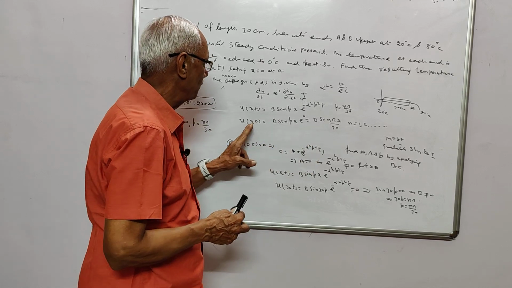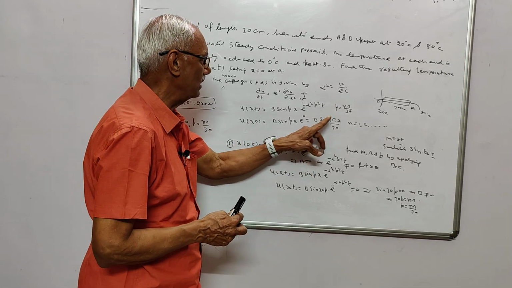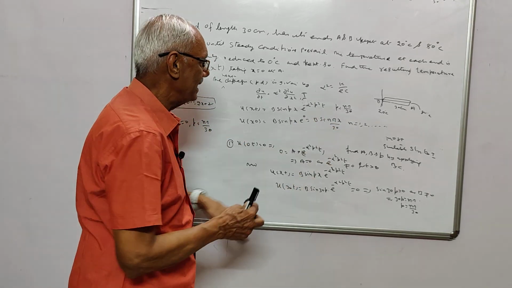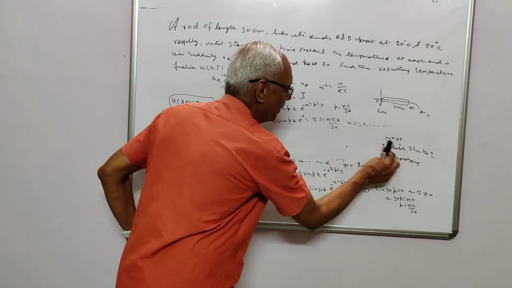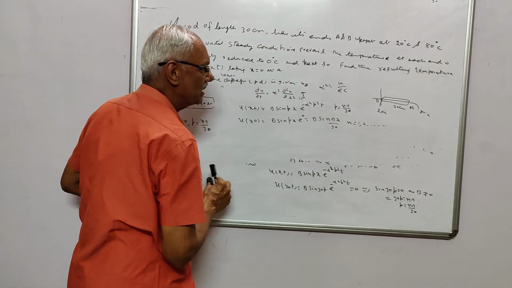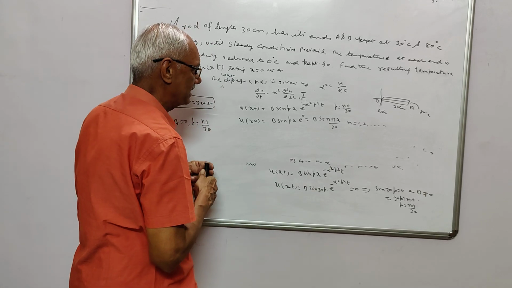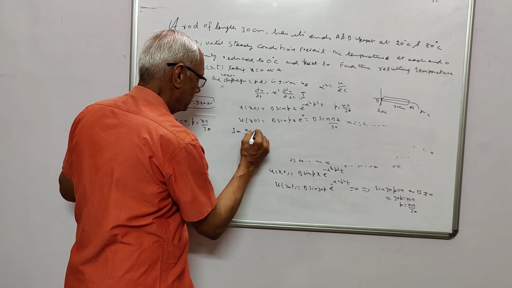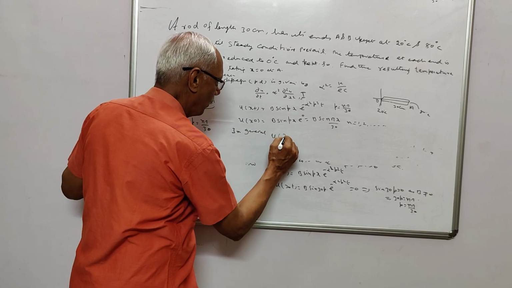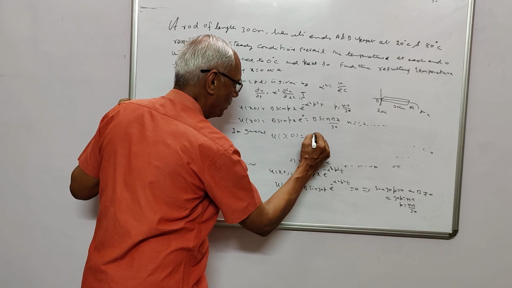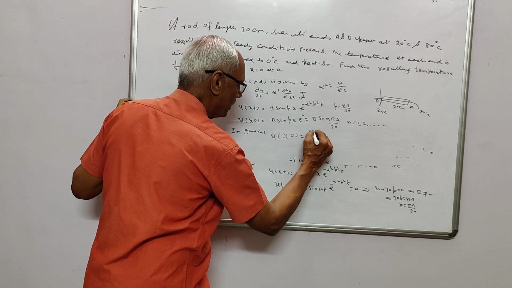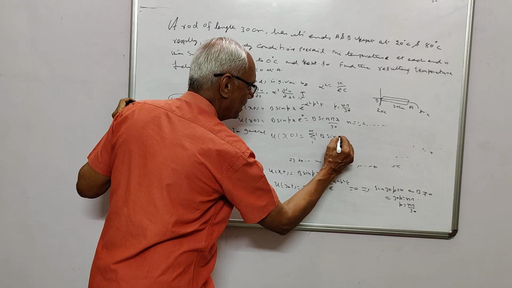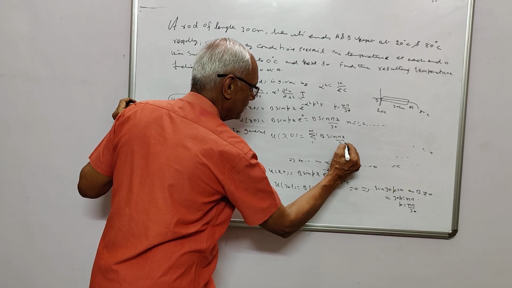For n equal to 1, n equal to 2, n equal to 3, you have got numerous points. In general, U of x,0 will be equal to the sum from n equals 1 to infinity of b sin n pi x by 30.